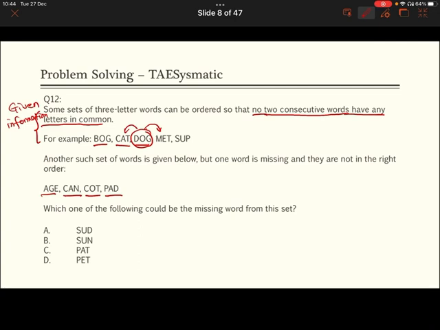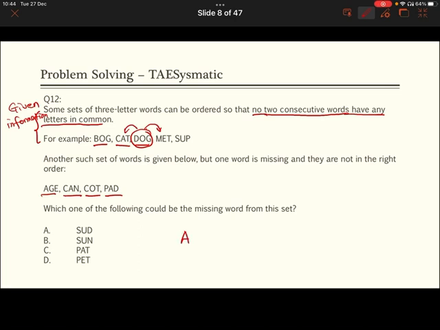We need to look at these four 3-letter words first. Look, AGE and CAN still have the letter A in common, right? And PAD also has the letter A in common, which means these 3 words cannot stay next to each other.